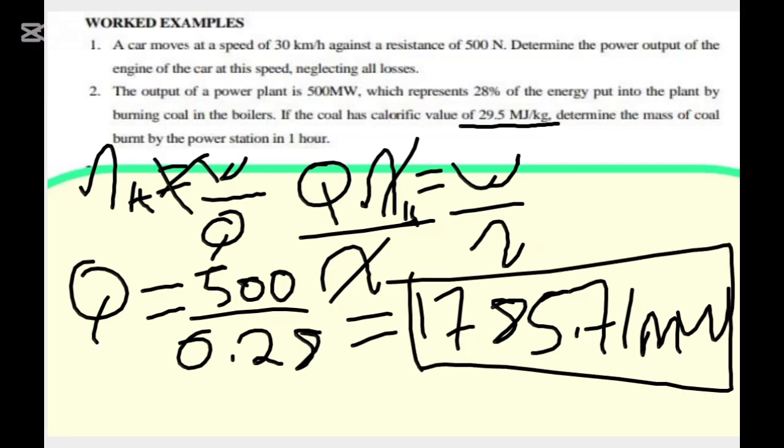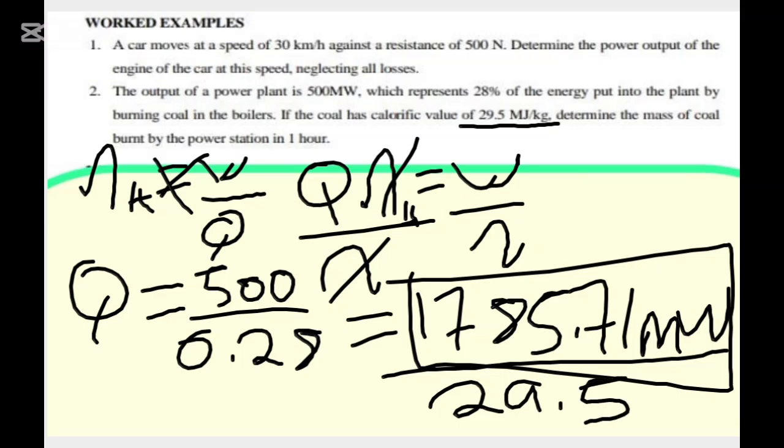So the next thing that I have to determine is the mass flow rate of coal. So for the mass flow rate of coal, I will just divide the answer by 29.5, which is the calorific value.